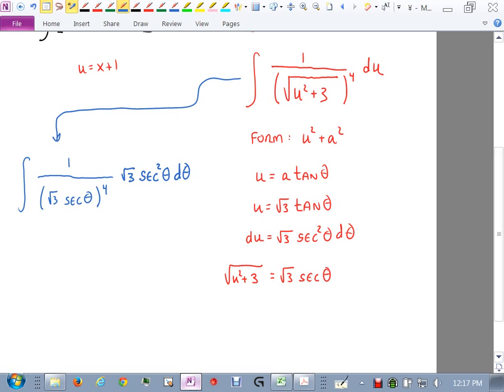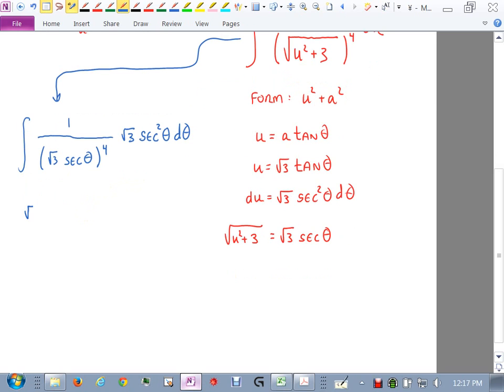What's root 3 to the 4th power? Root 3 times root 3 is 3, and then do it again, 3 and 3. So it's 9, right? And then I have a root 3 up top. So can I just pull a root 3 over 9 outside?